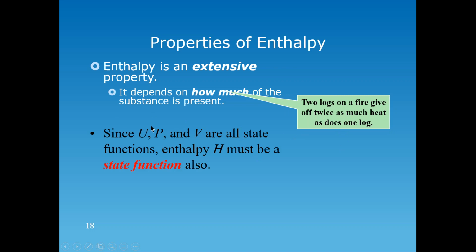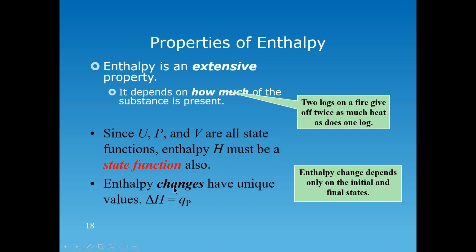Another thing about enthalpy that you need to be aware of is that enthalpy is a state function, because the internal energy, the pressure, and the volume are all state functions. All right? So basically, since the enthalpy is dependent on a combination of these state functions, that means that enthalpy must be a state function as well.